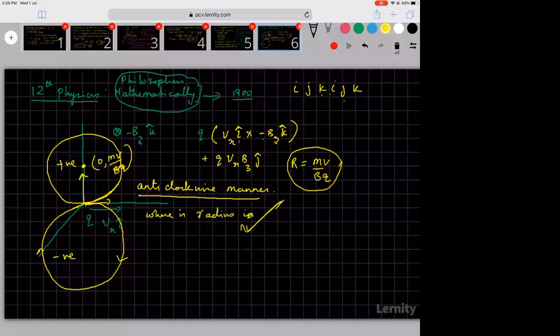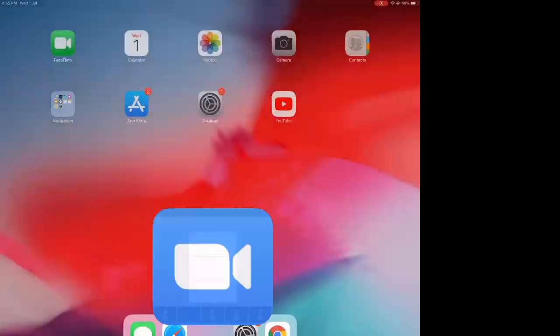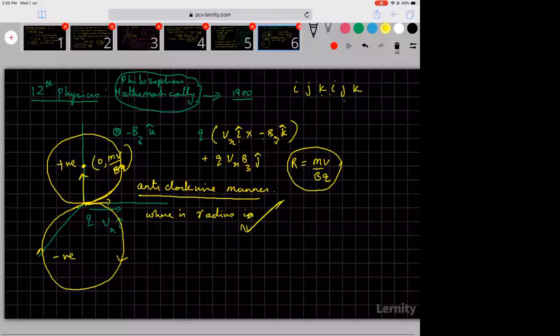Do you understand this? Whether it is going clockwise or anti-clockwise, and where the center is. Not where the radius is, where the center is, for circular motion.